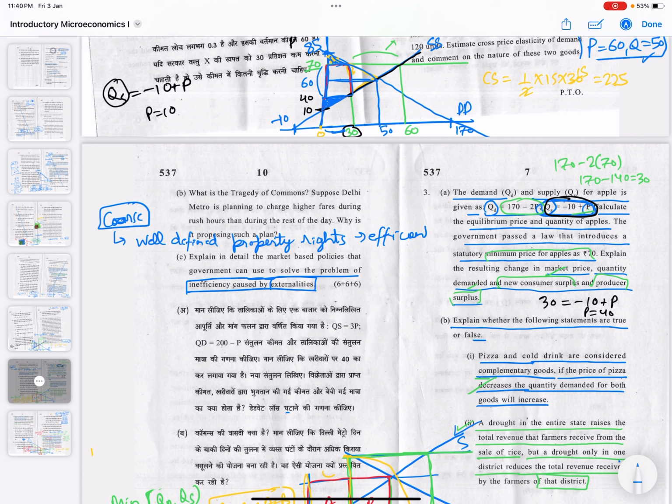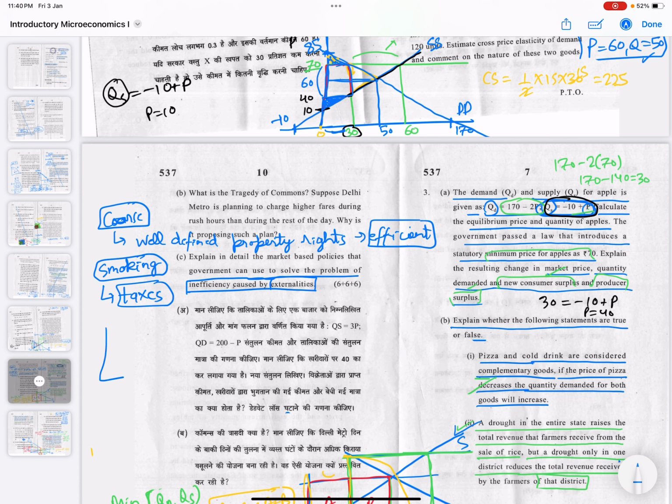Also, suppose we are talking about smoking of a cigarette. If I don't smoke a cigarette and another person is smoking in my face, it is actually a negative externality, or they are polluting the environment as well, so it is a negative externality. So what the government can do is impose taxes on smoking, on cigarettes.